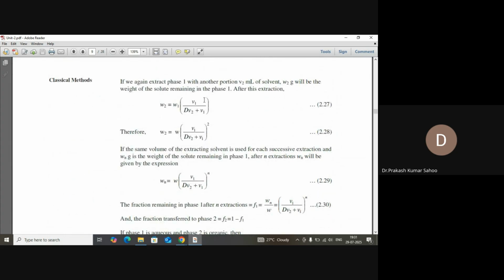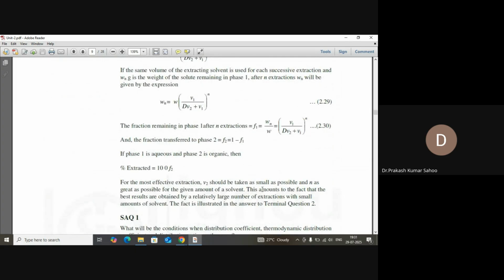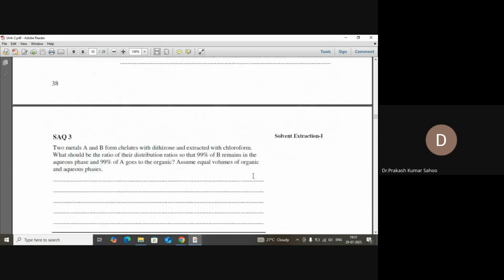Accordingly the equations are simplified, and this is for 2-time extraction. If the extraction is carried out n times, then Wn equals W times V1 by dV2 plus V1, to the power n. This is how the weight of the solute can be calculated. Then accordingly the percentage of extraction is also calculated.